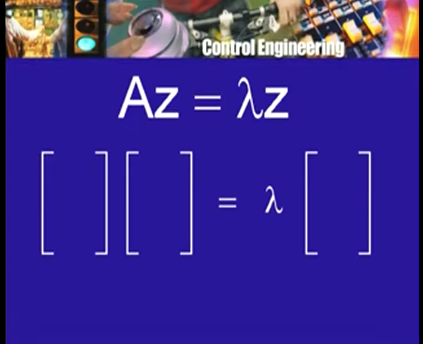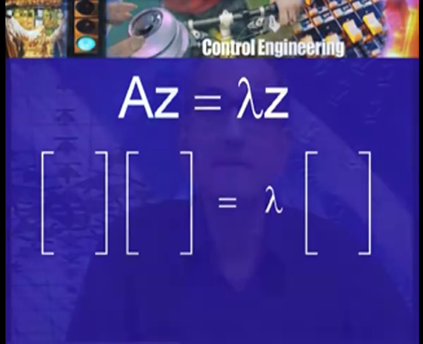Lambda is said to be an eigenvalue of A, Z is said to be an eigenvector of A, and remember that the eigenvalue and eigenvector go together. That is, you cannot really think of an eigenvalue usually without also thinking of what is the eigenvector that goes with it, or an eigenvector without thinking of what is the eigenvalue that goes with it. So, it is better always to think of them in pairs. So, such pairs are known as eigenvalue eigenvector pairs.